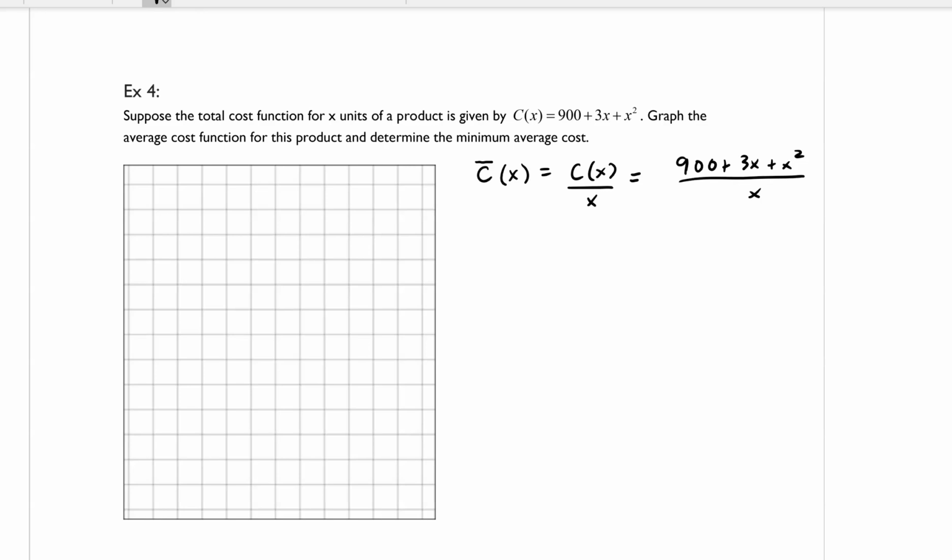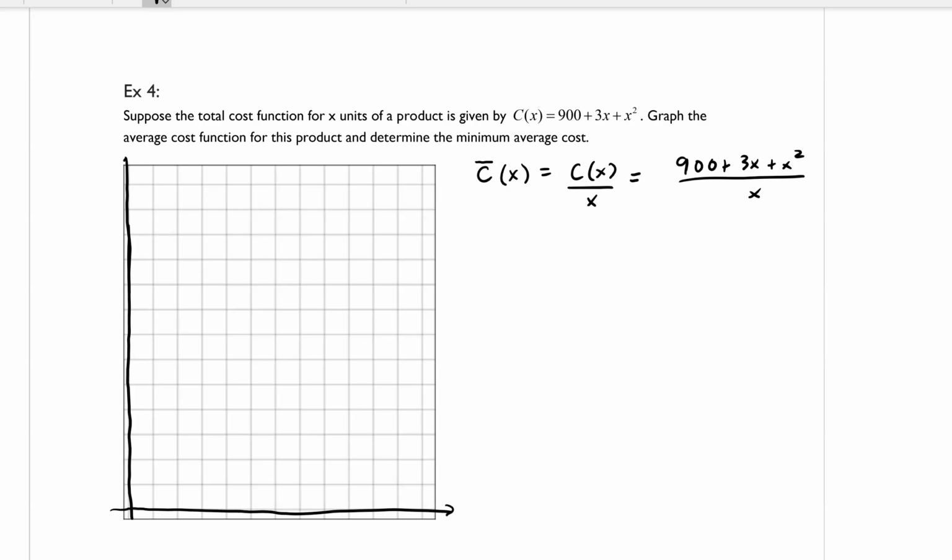Now, since we are talking about x being a number of units of a product, when we're graphing this, we're only going to be graphing positive numbers because in the context of this problem, it doesn't make sense to ask how much it costs to make negative 10 units.